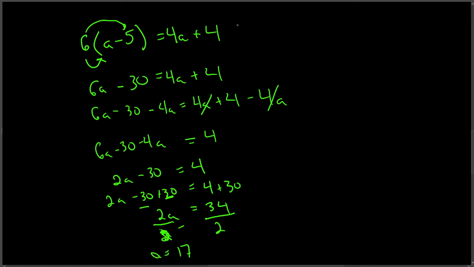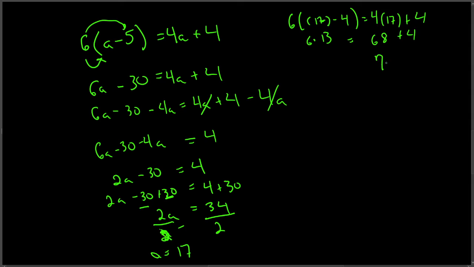Now I'm going to check. So 6 times 17 minus 4 equals 4 times 17 plus 4. So 17 minus 4 is 13 times 6 equals, and let's do this, 8, carry my 2, 78.